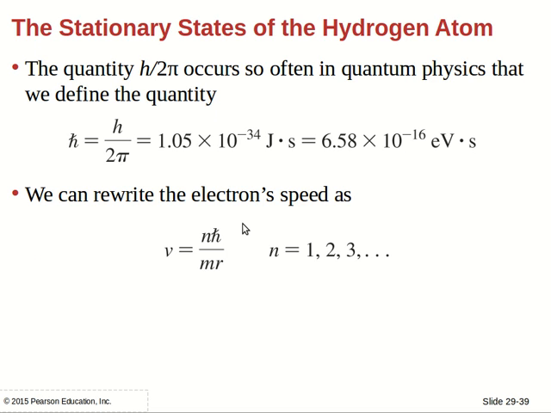And you'll notice that it's n, an integer, times h bar over mr. So h bar over mr has the units of velocity, and the velocity, therefore, for the electron in the hydrogen atom, as viewed from this point of view, has an integer multiple of this fundamental quantity h bar over mr.